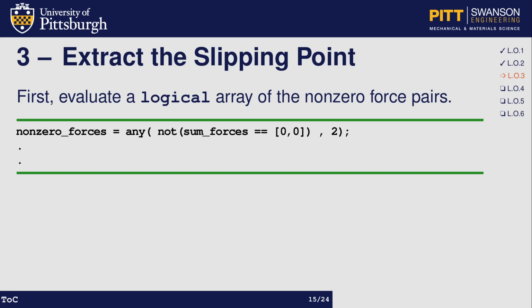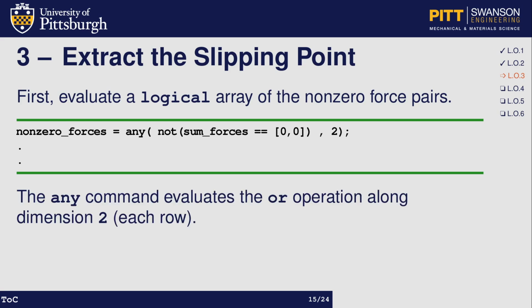Then the not command inverts all of that so that each element indicates whether each force is non-zero. The any command on the outside is used with the index 2 to execute the OR operation along each row in that array, which is then used to collapse the two-column logical array into one column.